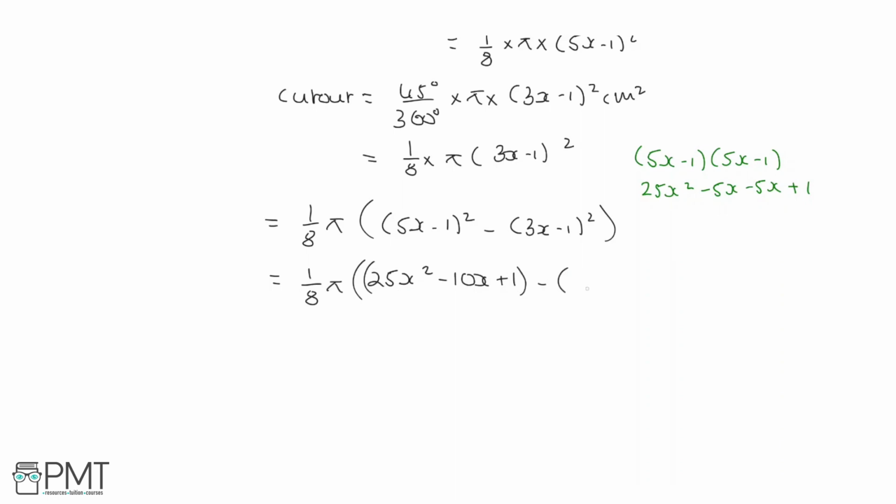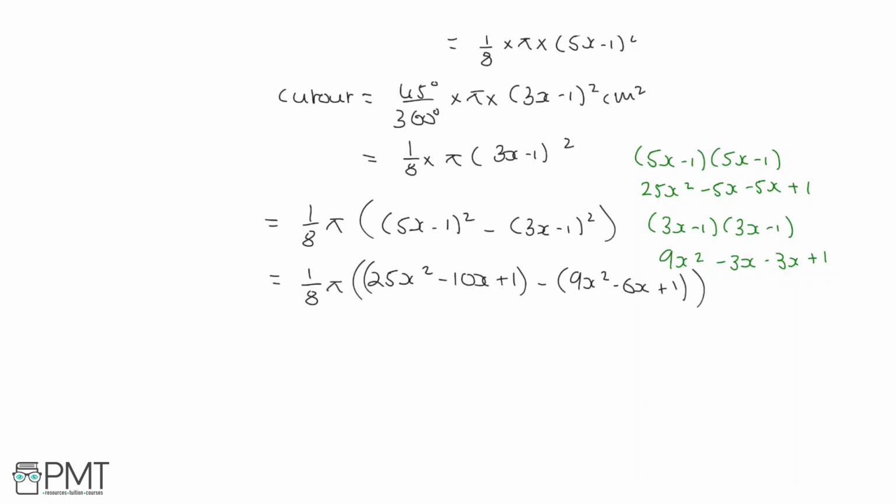Like that, minus, now let's expand 3x minus 1 squared. So we have 3x minus 1, 3x minus 1. We have 9x squared minus 3x minus 3x plus 1, because again we're doing 3x times 3x, 9x squared, 3x times minus 1, minus 1 times 3x, and minus 1 times minus 1. So that's all good. This is going to be 9x squared minus 6x plus 1.